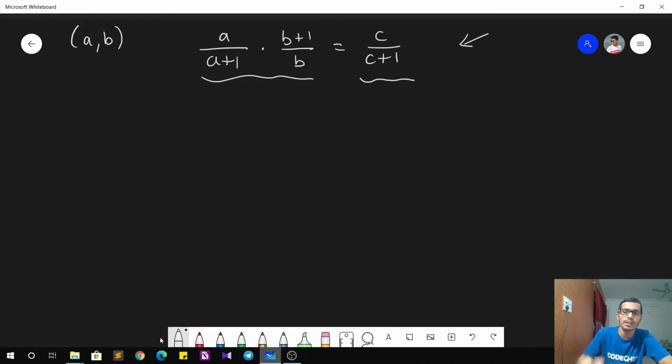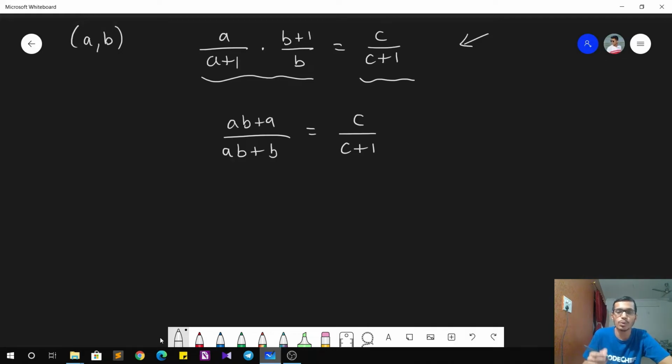So now in this equation, if we try to do some rearranging and try to find c in terms of a and b, then on the LHS we have ab plus a upon ab plus b is equal to c upon c plus 1.